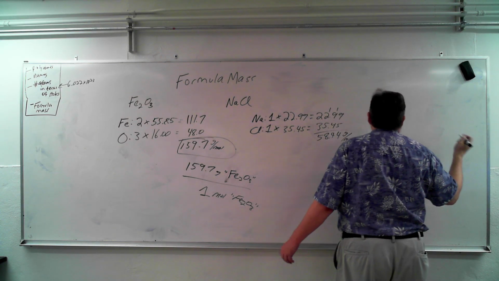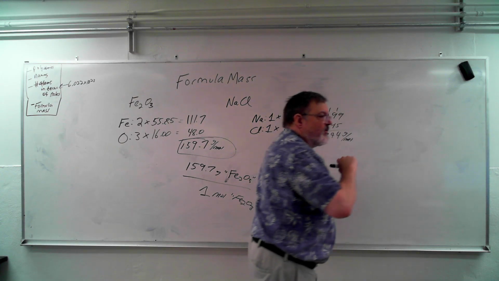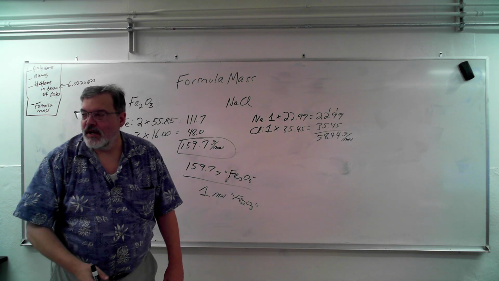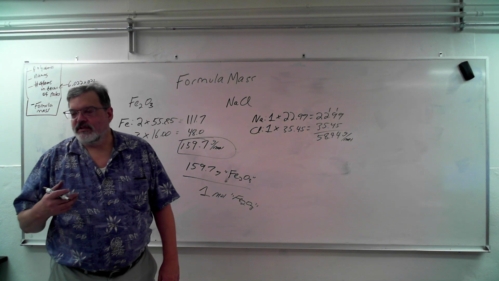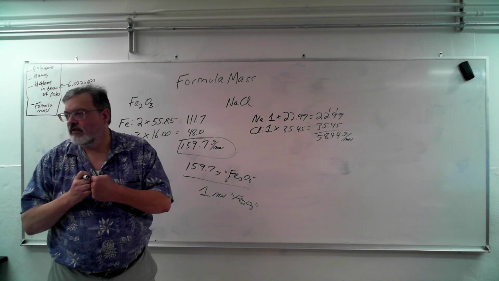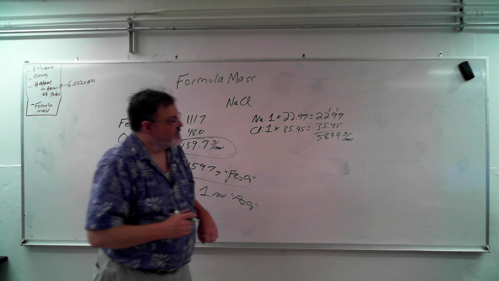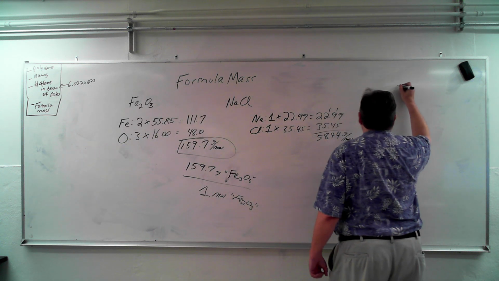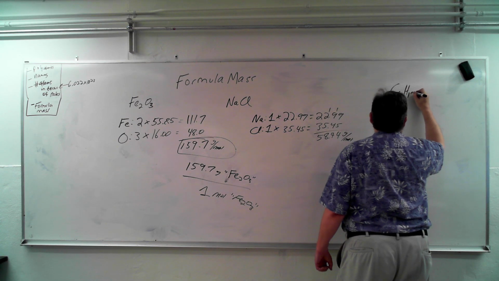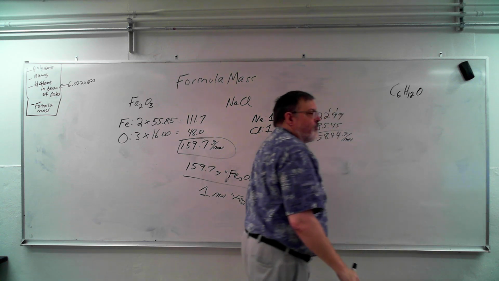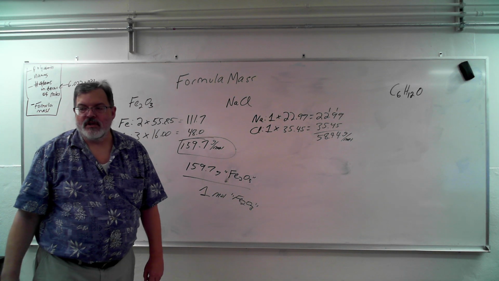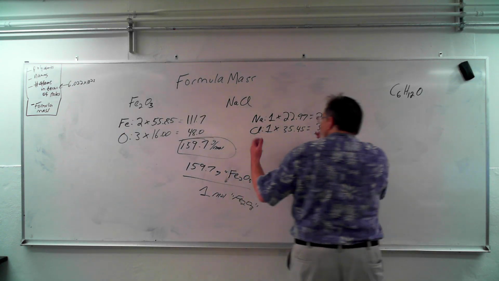Let's do something a little more creative. We've been dealing with ionic compounds, but this works the same way for the molecular compounds. I said before, it's ions that come together and stick together to make the ionic compounds, and that's all we've studied so far. We'll get to the covalent compounds, but a covalent compound might be like a sugar, so look at that formula. It's 6 carbons, 12 hydrogens, and 1 oxygen. So it's the same way I did this.